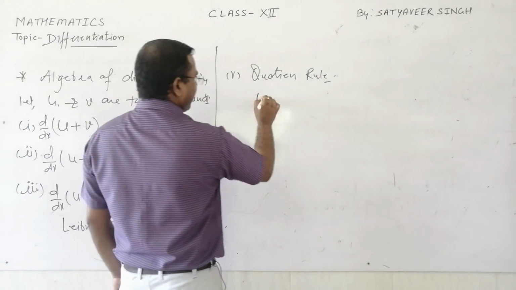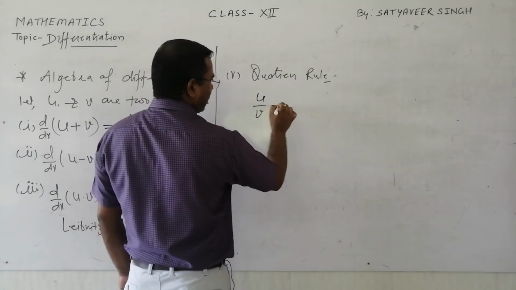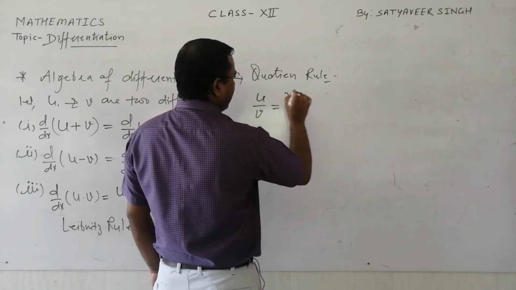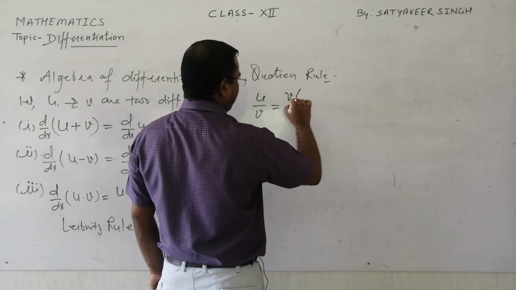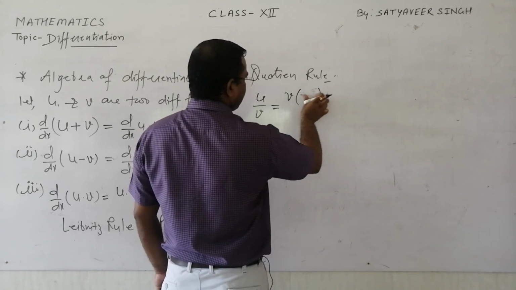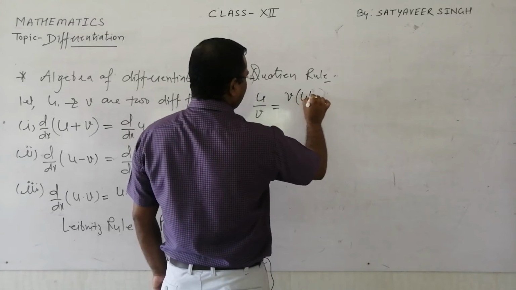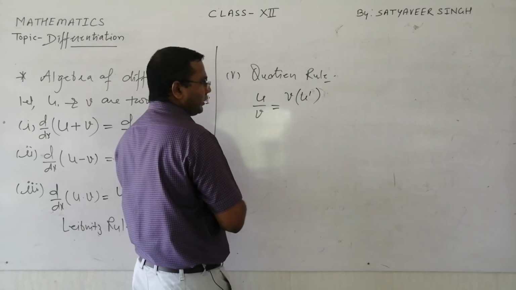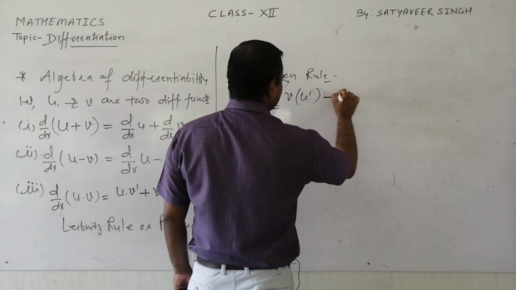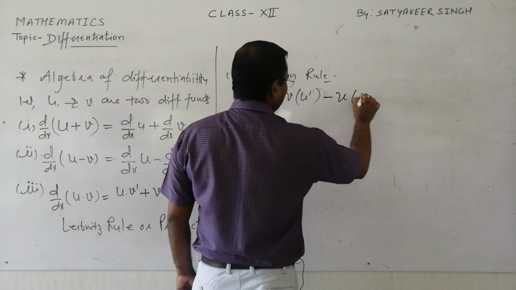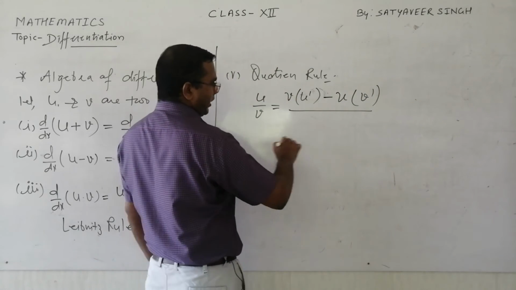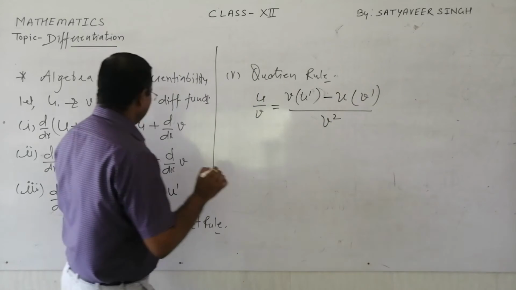If u upon v are two functions, we can find the differentiation by writing denominator v into u dash, where u dash represents the derivative of the function u, minus u into v dash, the derivative of the denominator, upon v square.